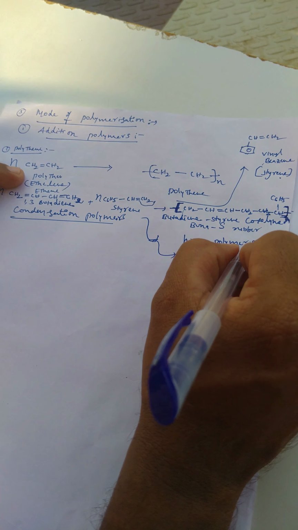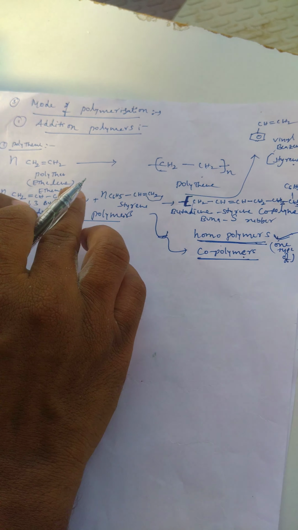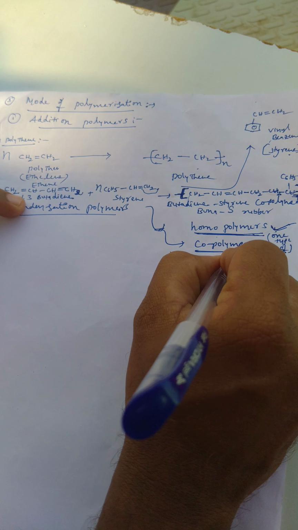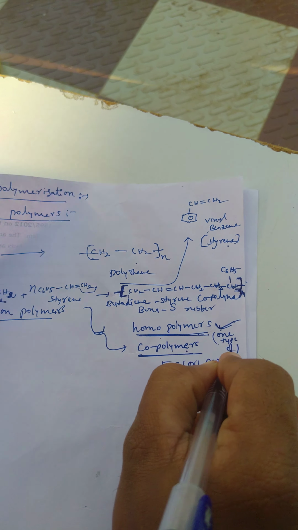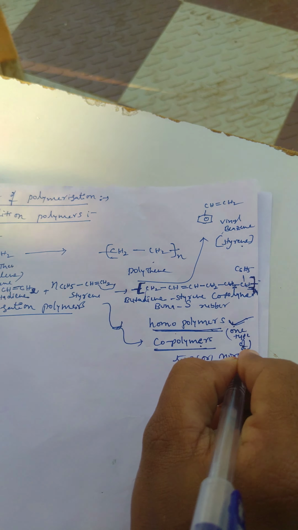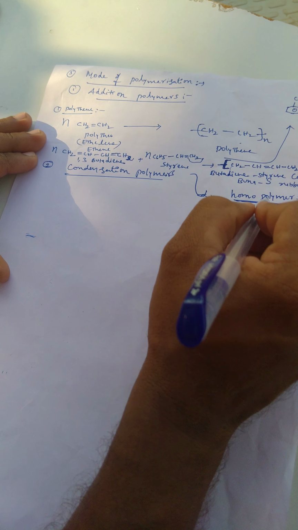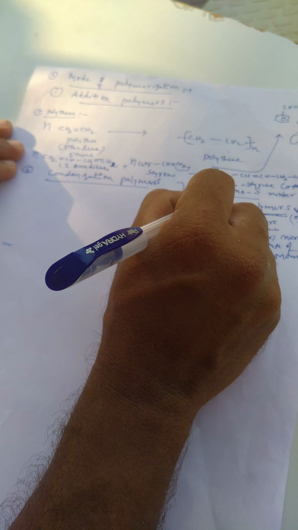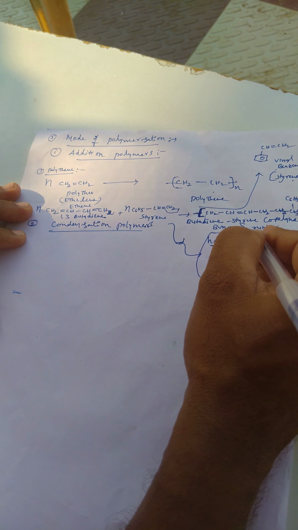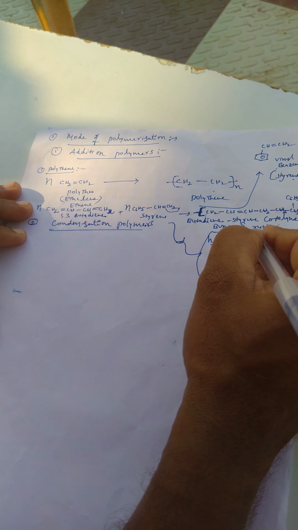In the same way, copolymer means if a polymer is made by two or more types of monomer units, then it is called a copolymer. Now, this Buna S rubber is a good example of a copolymer.